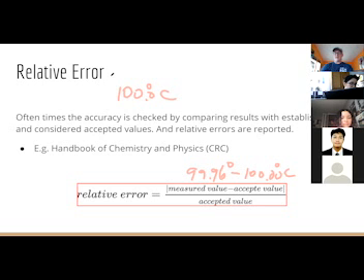Well, the relative error is that difference divided by what it should be. Obviously we would like that to be as small as possible, and we're going to work that out today as well.